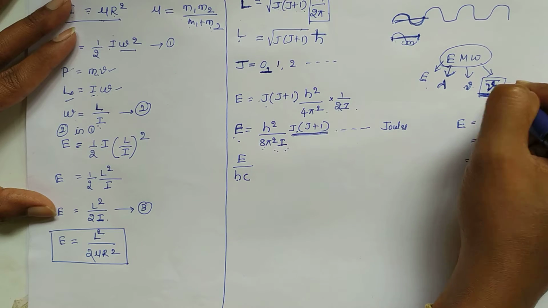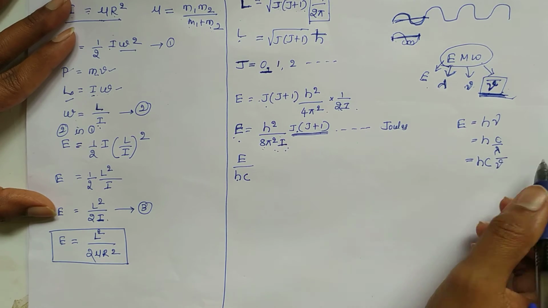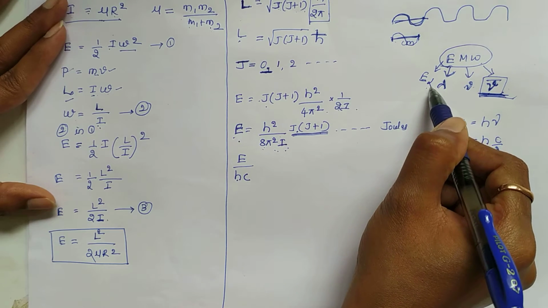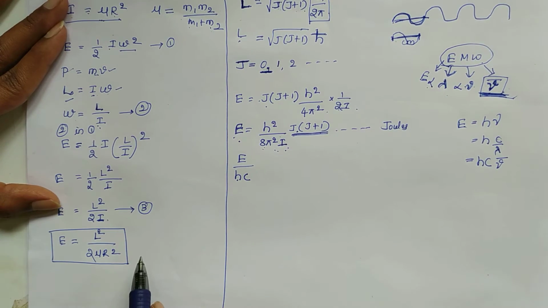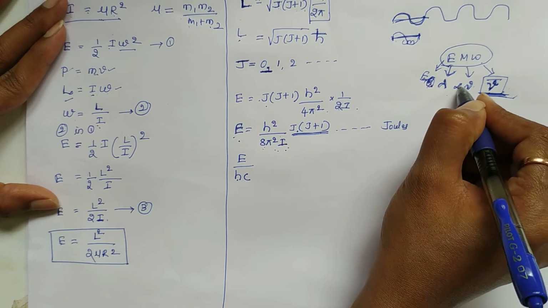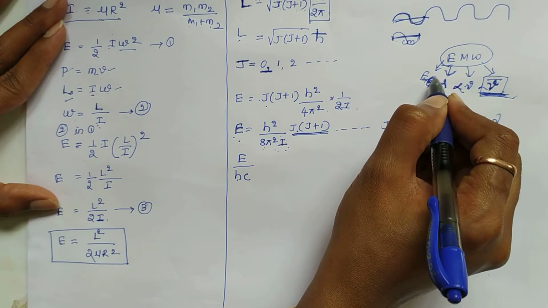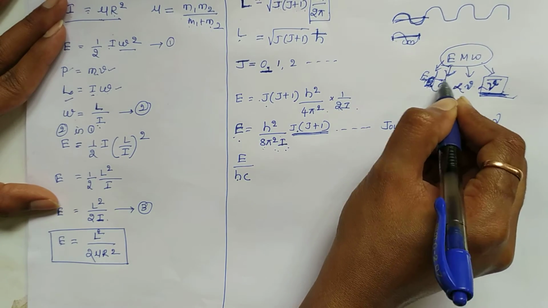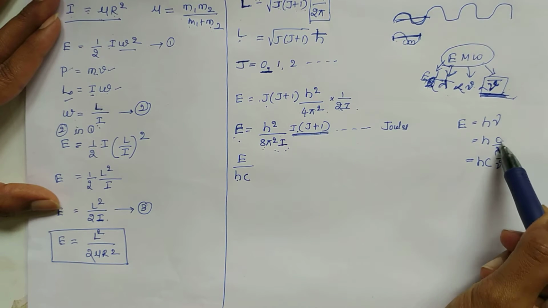So 1 by lambda is written as nu bar. This is wave number, because this energy is directly related with the frequency, and it has an inverse relation with the wavelength.